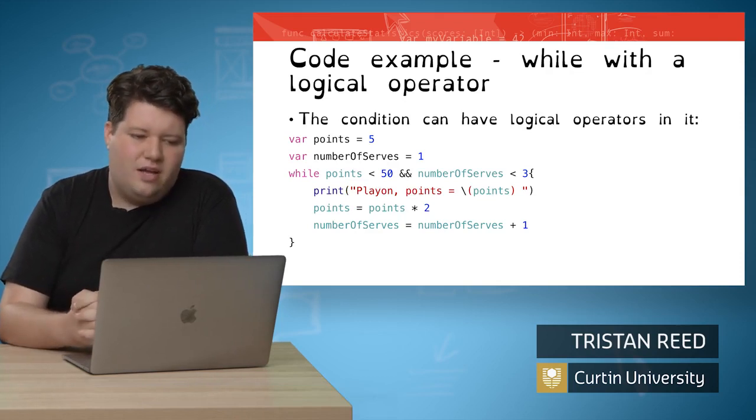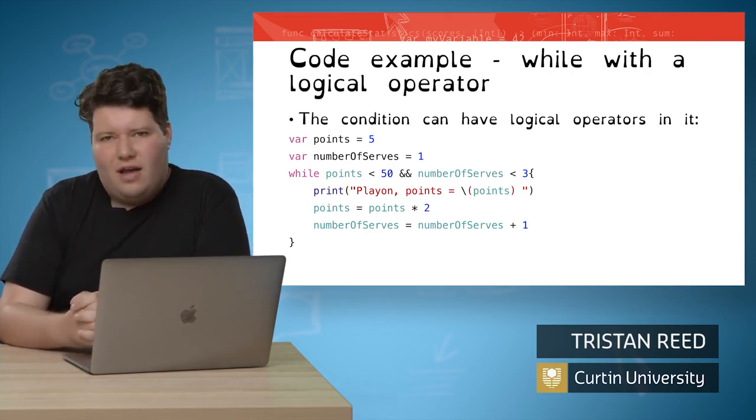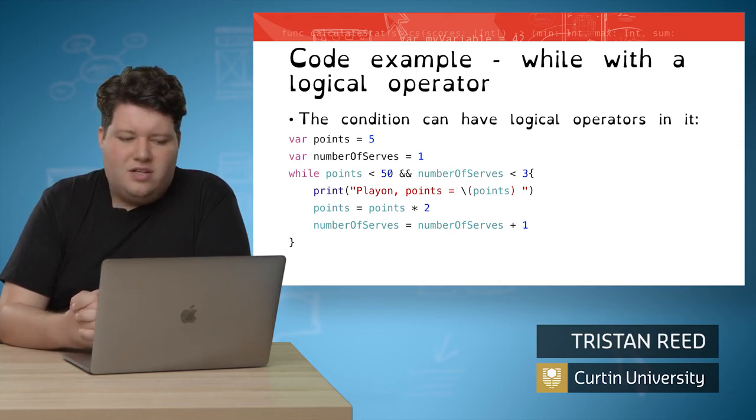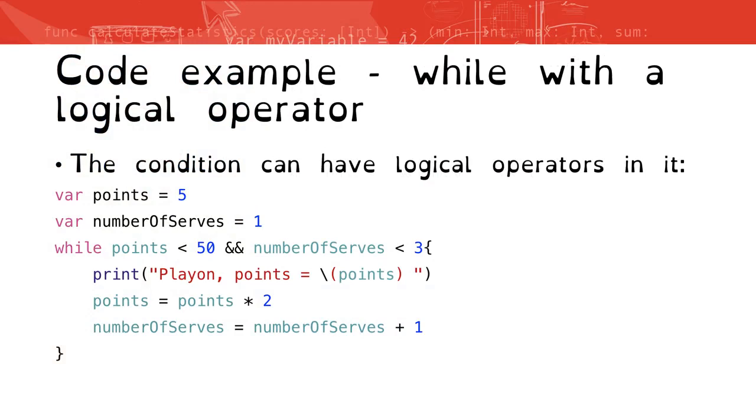But what about continuing while with a logical operator? So, the condition can have multiple logical operators in it. Here's another example. As we can see here, we have a variable called points with a value of 5 and a variable called numberOfServes, which is equal to 1, using the assignment operator there. Keep in mind, when we have an AND operator, we need to make sure that both sides of the AND operator are true for the expression as a whole to be true.